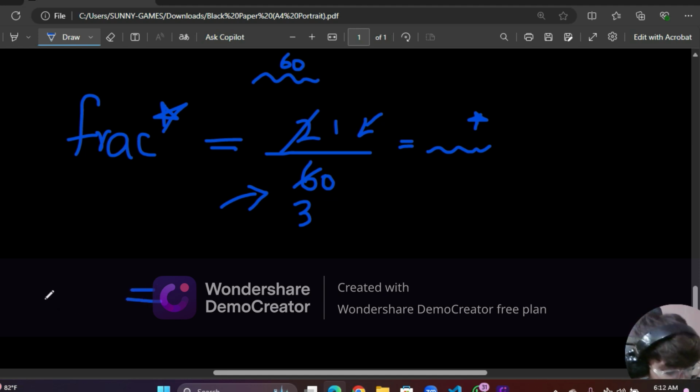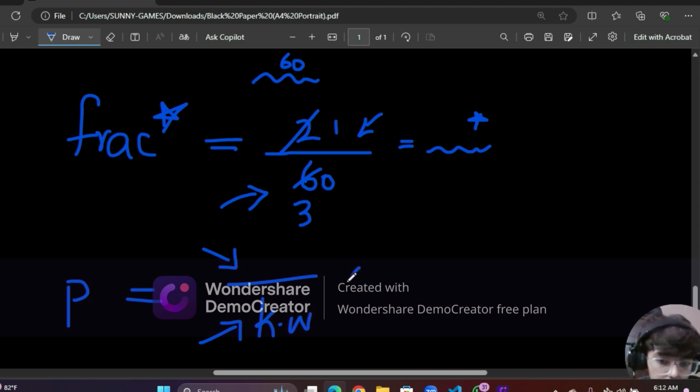If I say percentage equals uncertainty as the numerator again, and the constant weight as your denominator, and multiply that by 100.